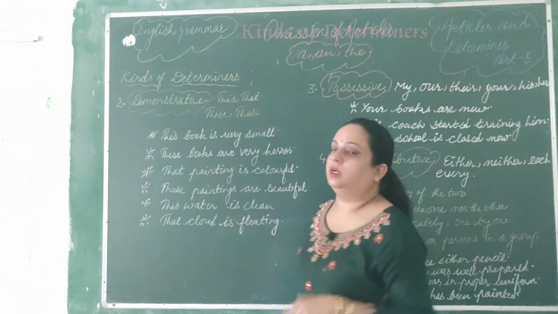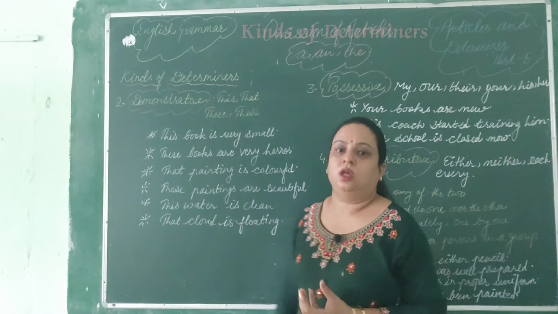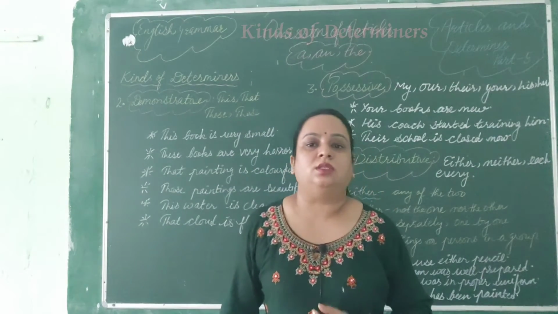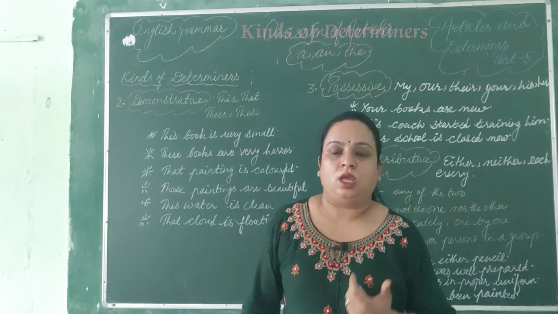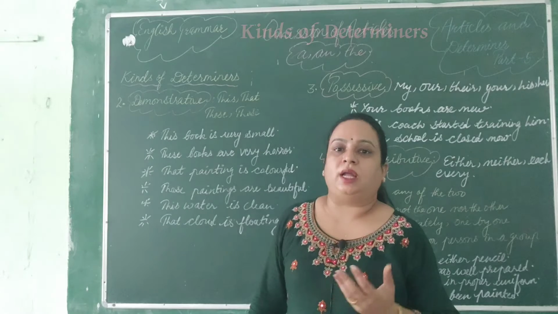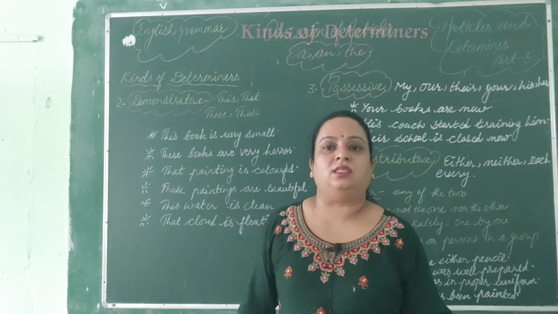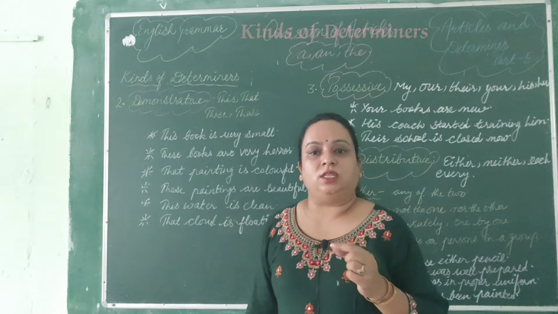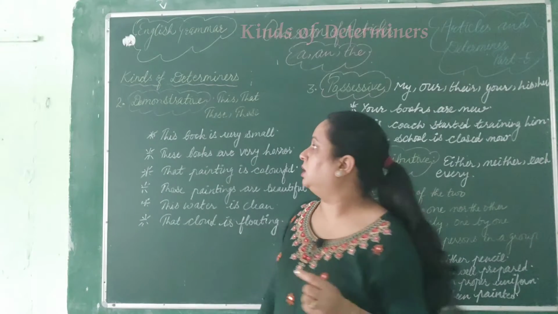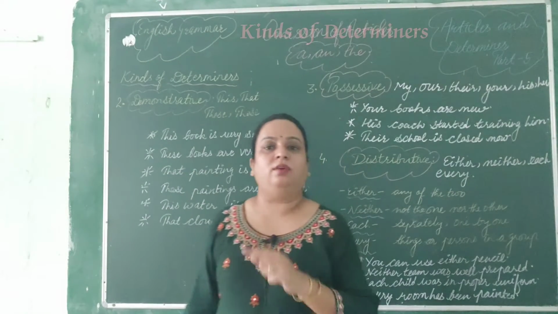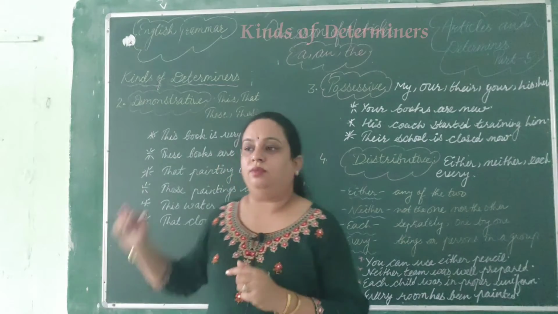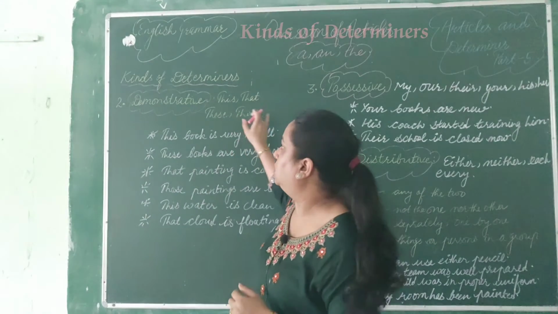Demonstrative determiners. When we talk about these determiners, these are the words which determine or fix the nouns, right? And I have told you that these are the same as adjectives. But in adjectives, one difference is that we do not have article adjectives, but we have demonstrative and article determiners.